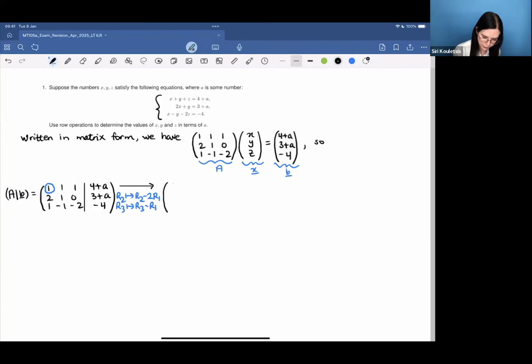And so we're keeping row 1 fixed. And now we're just performing the calculations here.